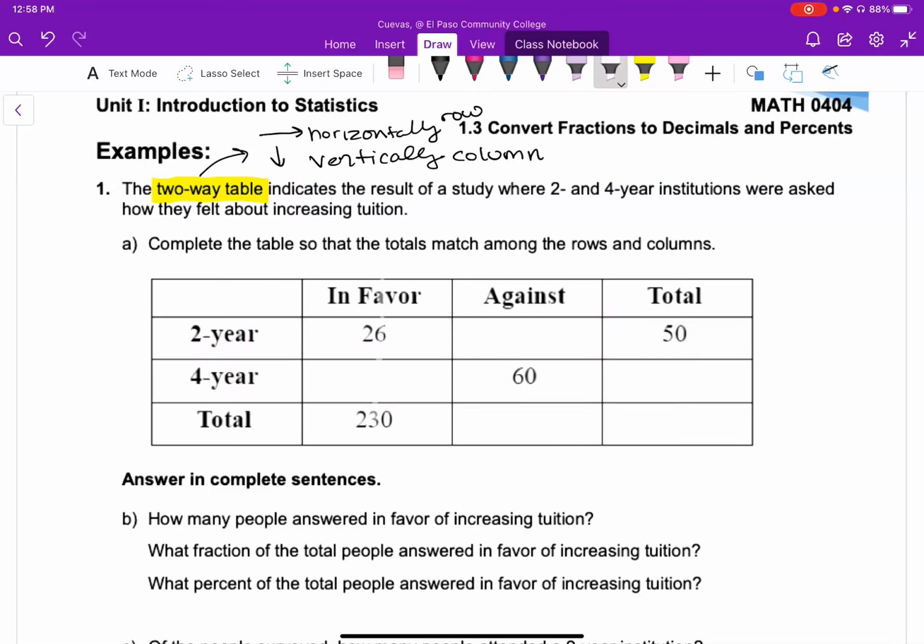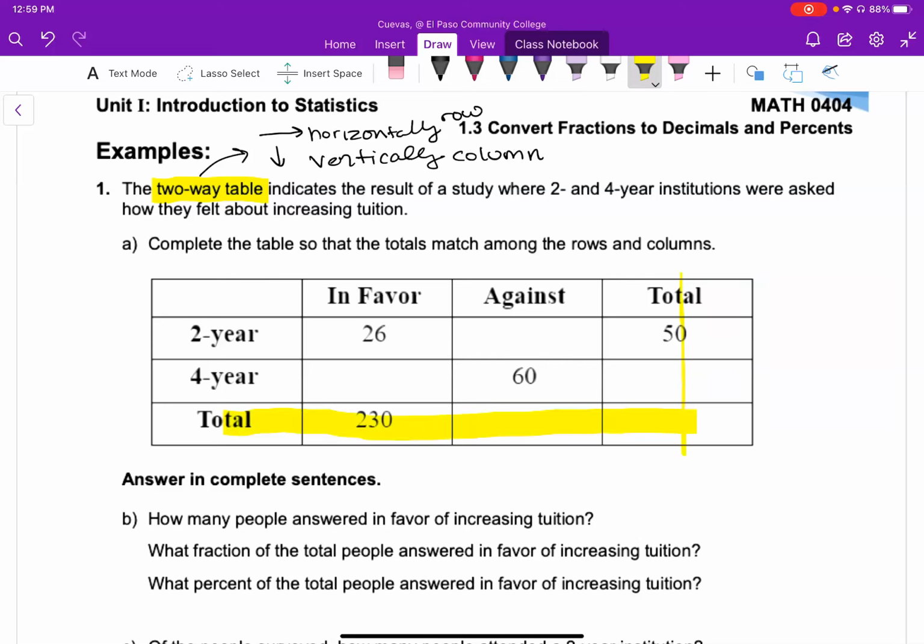So let's go ahead and finish completing the two-way table. We are missing some values, and sometimes it's easy to get started with rows, sometimes with columns. The thing that we have to really observe is the totals. Whenever a total is filled in, that makes it easier for us.